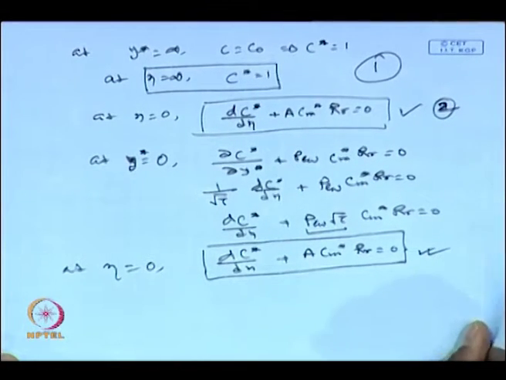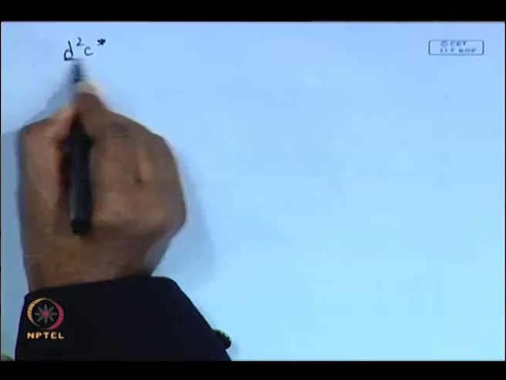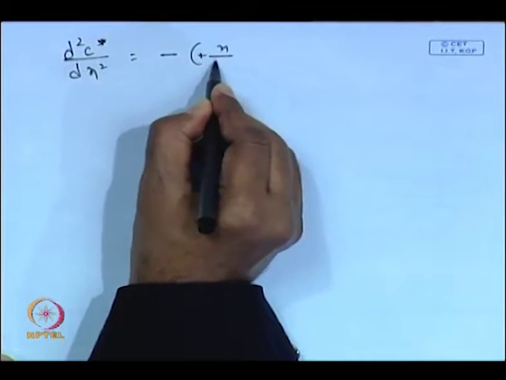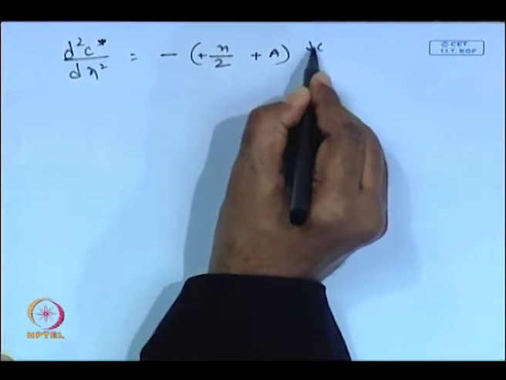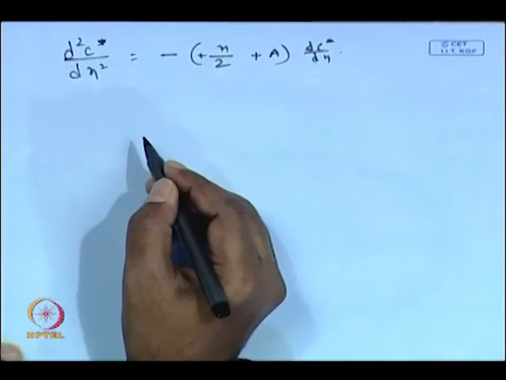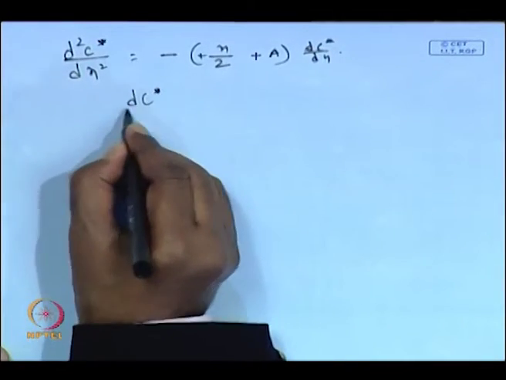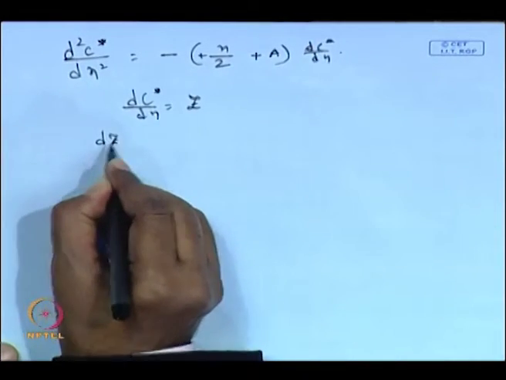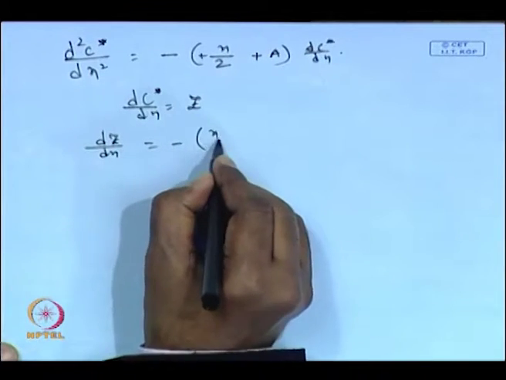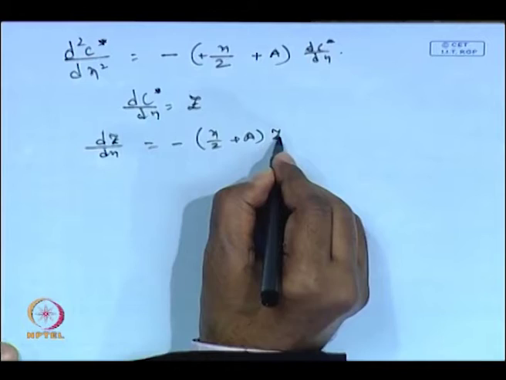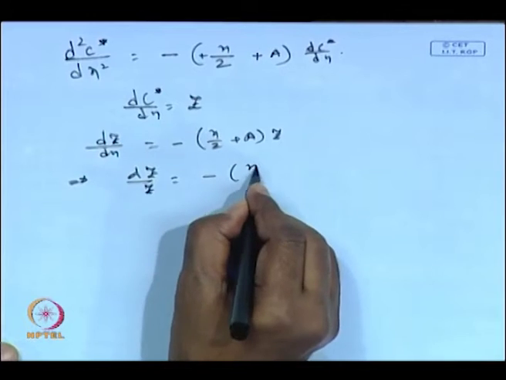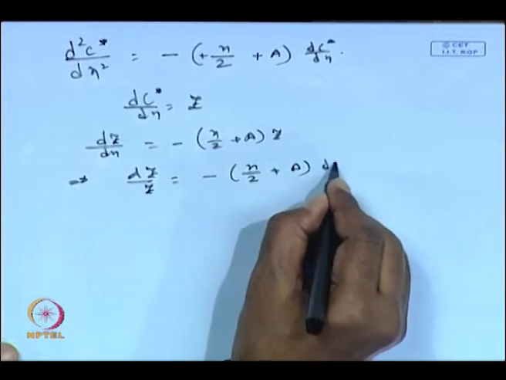Now, you will be in a position to get the solution of the concentration profile. Let us write down the governing equation one more time: d square c star d eta square equals minus eta by 2 plus A times d c star d eta. Consider d c star d eta as another variable z. So this becomes dz d eta equals minus eta by 2 plus A times z, and so dz by z is equal to minus eta by 2 plus A d eta.